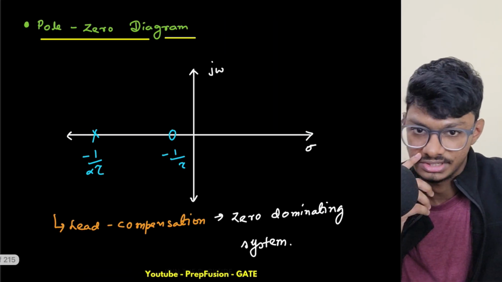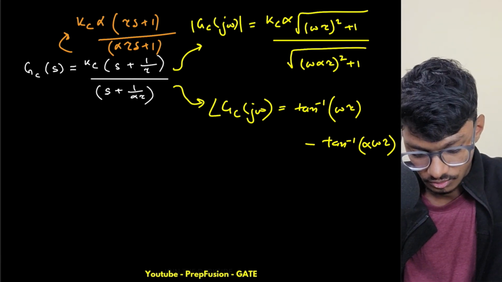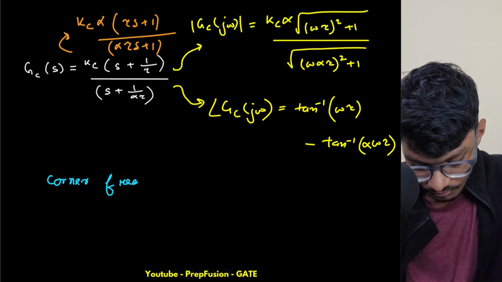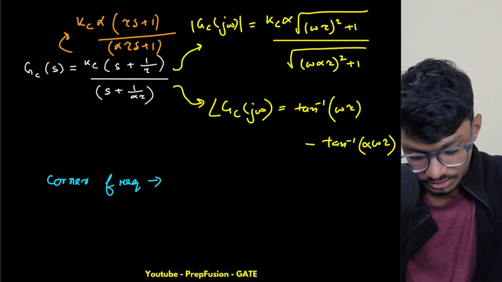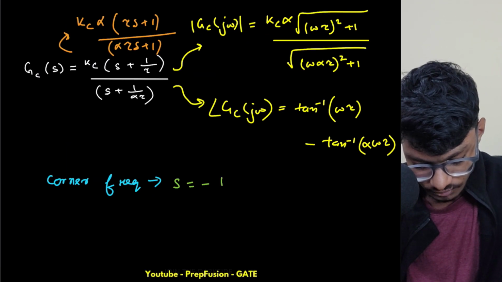Now what are the corner frequencies for this? Basically the corner frequencies are the poles and zeros. First we'll get a zero, at s equals minus 1 by tau.